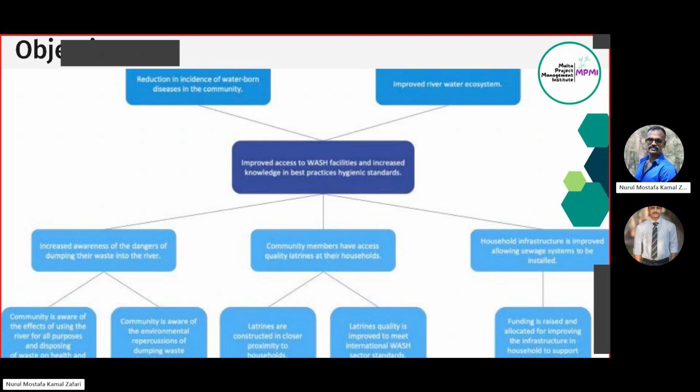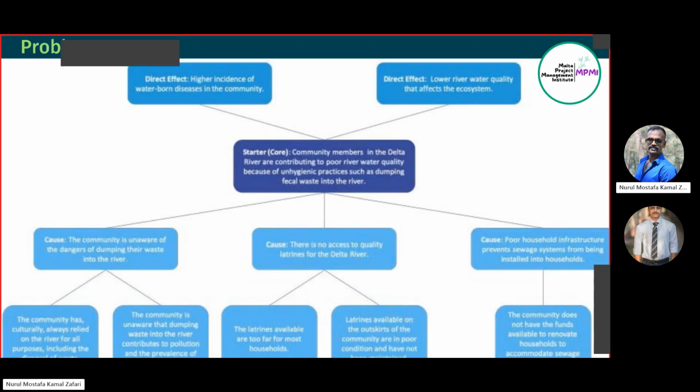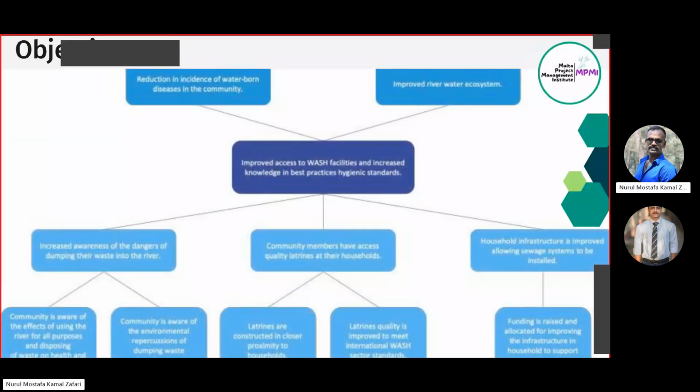If we reach the main objective, what will be the effect, or the impact? The impact is the river water ecosystem will be improved and waterborne disease will be decreased. So now you will see the application of problem tree to objective tree.